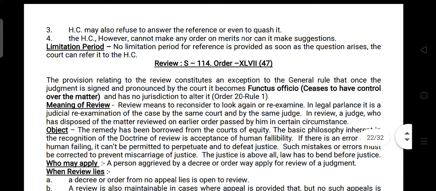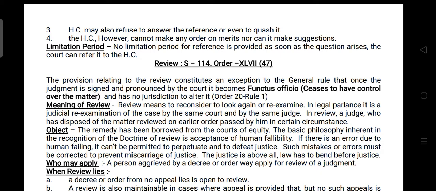What is the meaning of review? The meaning of review is to reconsider, to look again, to re-examine the case. In legal parlance, it is a judicial re-examination of the case by the same court and by the same judge.